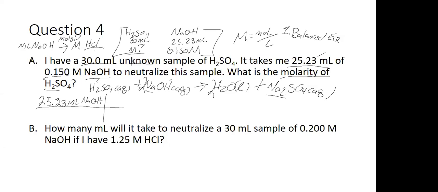Now, right now I start in a volume. What unit tells me how to convert between a volume and the number of moles of a substance? What is that unit called again? It's not grams. It's not liters. What I'm saying is that I start with a volume.